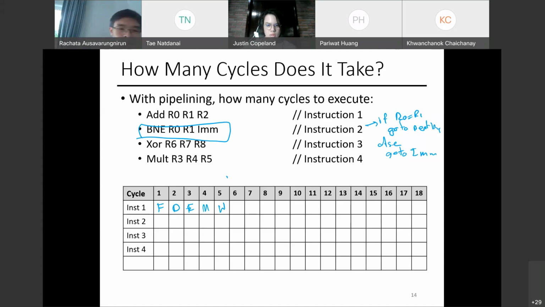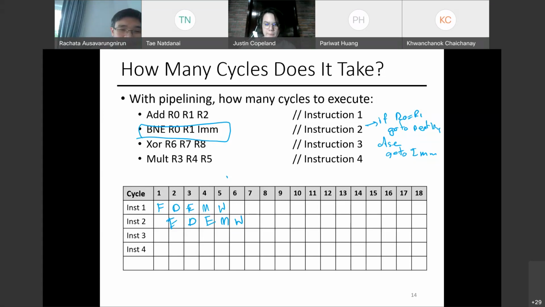So instruction 2: fetch, decode, execute, memory, and write back. So for now, instruction 2 is fine. Like I don't care, I'm the branch, right? If I stall, when do I know what I'm gonna fetch? Execute, right?